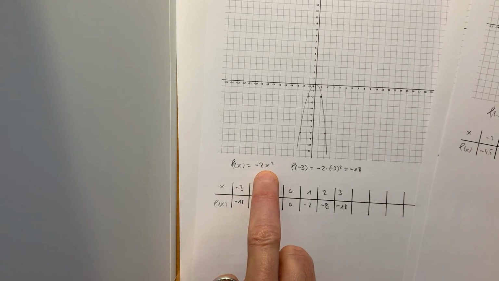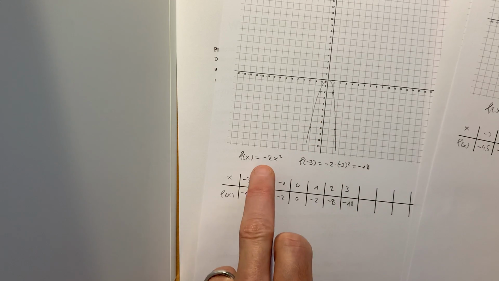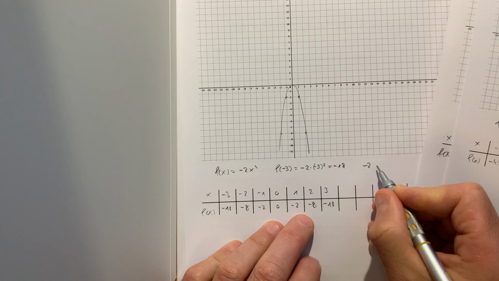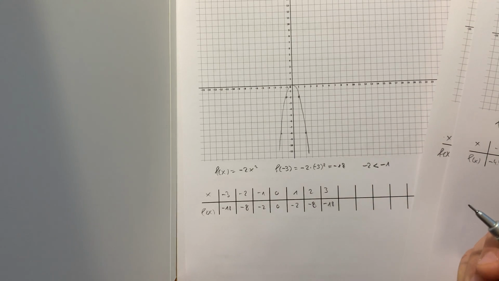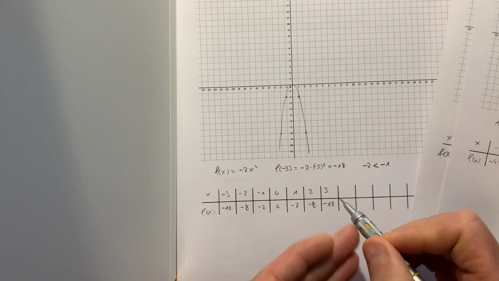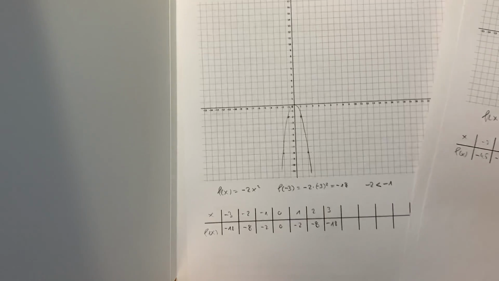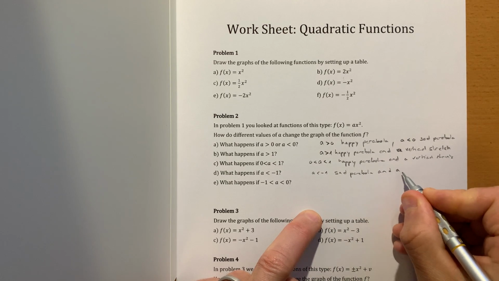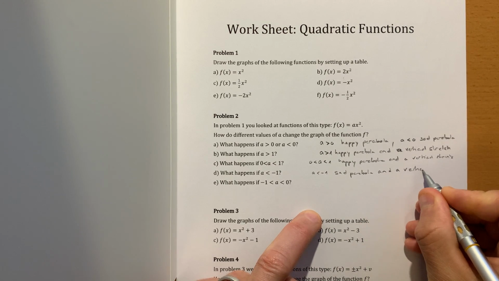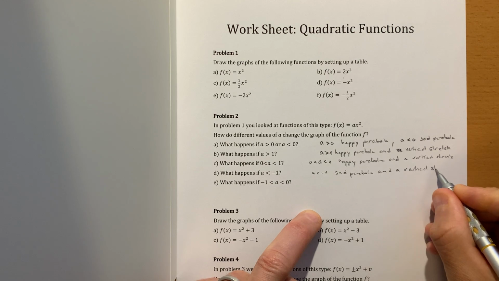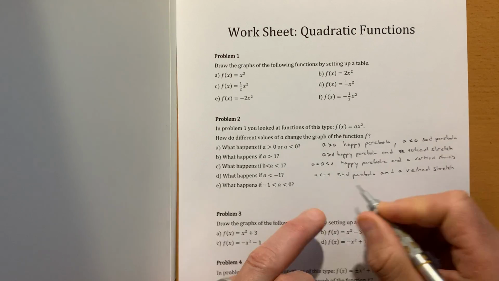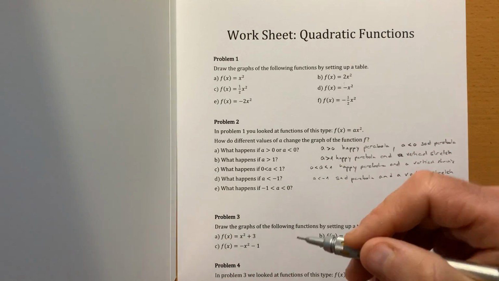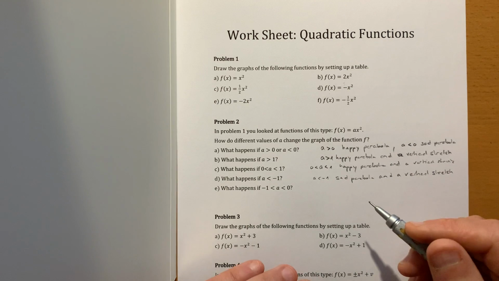But this one was less than minus 1. So everything was multiplied by minus 2, and minus 2 is obviously less than minus 1. So everything is stretched apart. So it's a sad parabola and a vertical stretch, for example times minus 2, times minus 3, times minus 4.